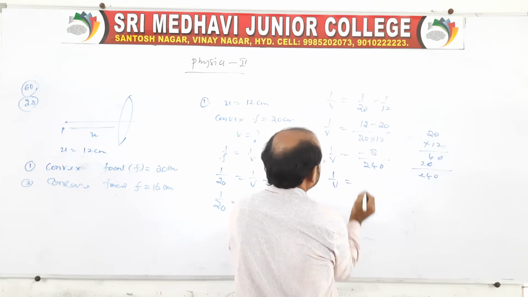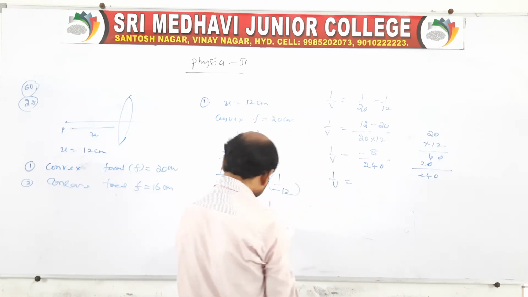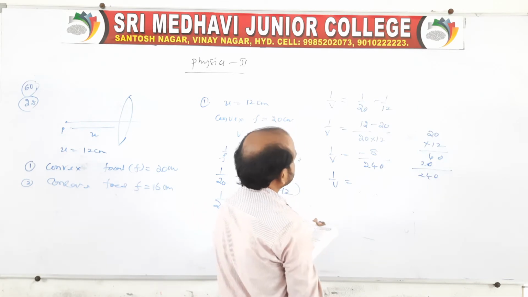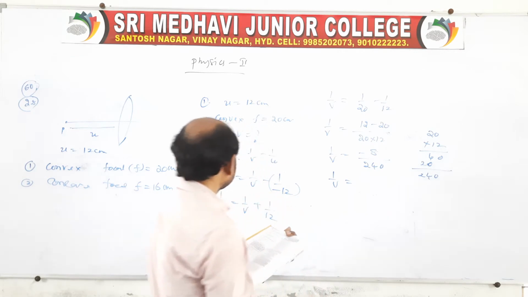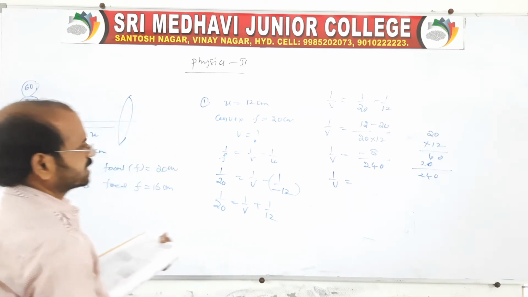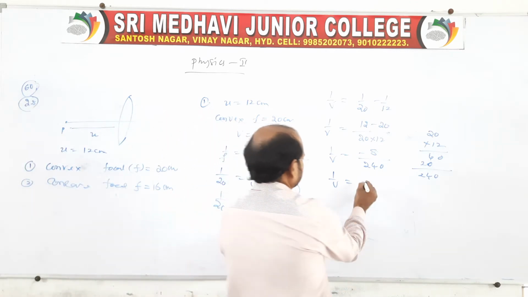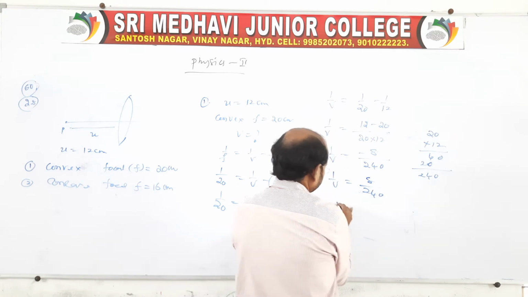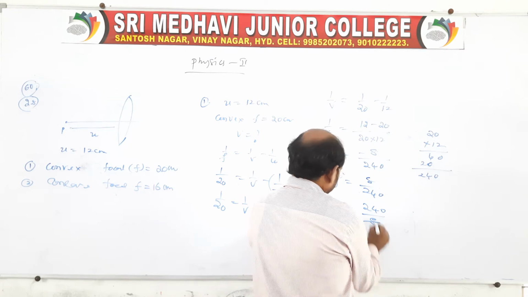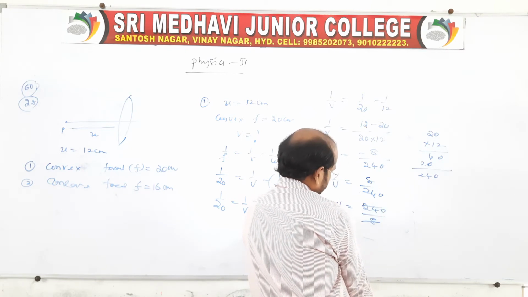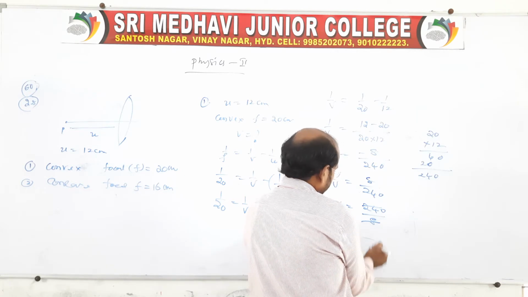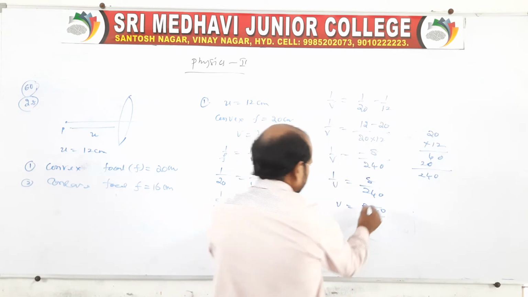So 1 by v is equal to 12 minus 20 by 20 into 12, which is 8 by 240. Then v is equal to 240 divided by 8, which is 30 centimeter.